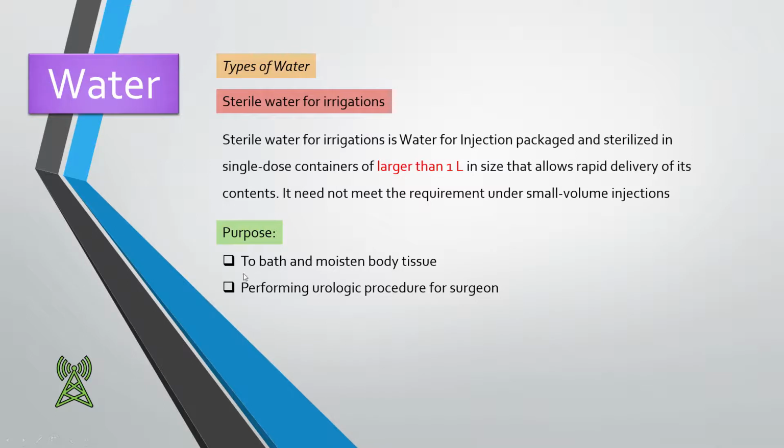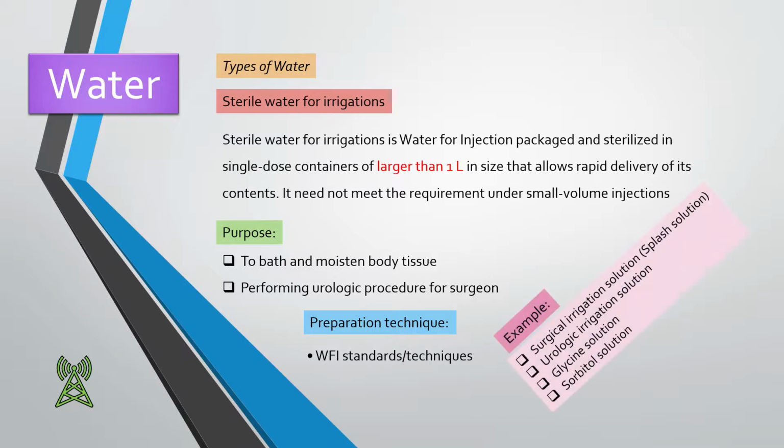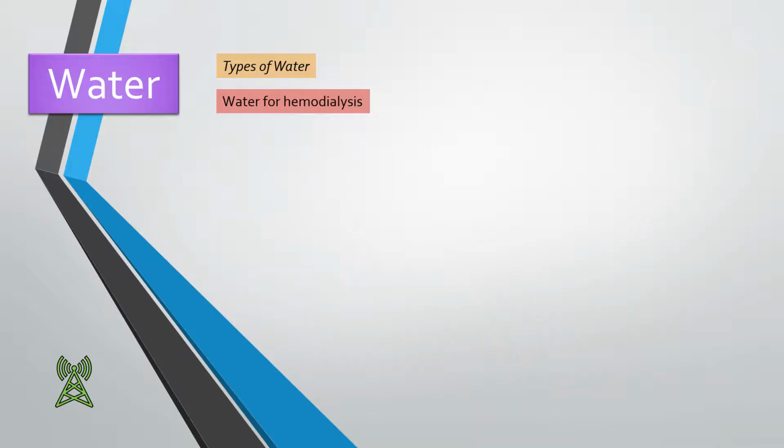Sometimes people use normal saline for the same purpose. The technique is the same as for the production of WFI. Some examples are surgical irrigation solutions, splash solutions which you see in the hospital, urological irrigation solutions, glycine solution, and sorbitol solution.